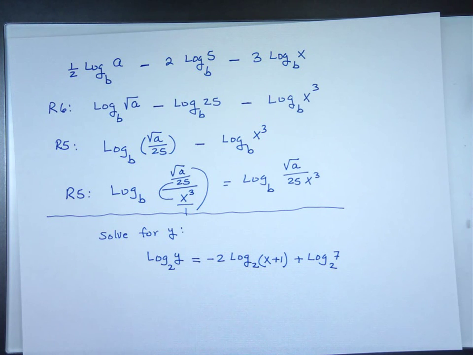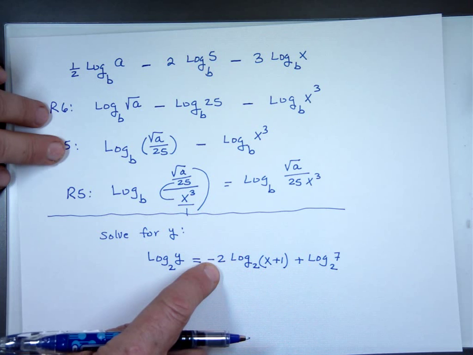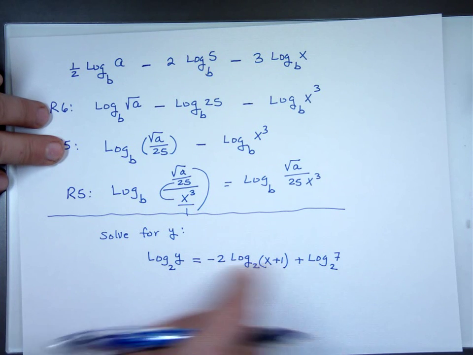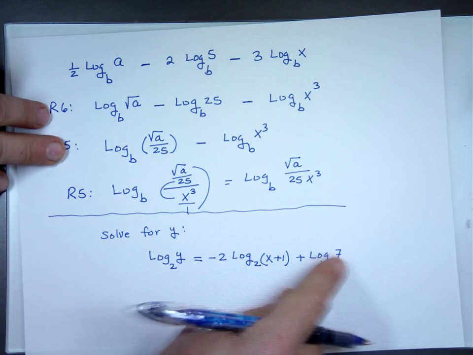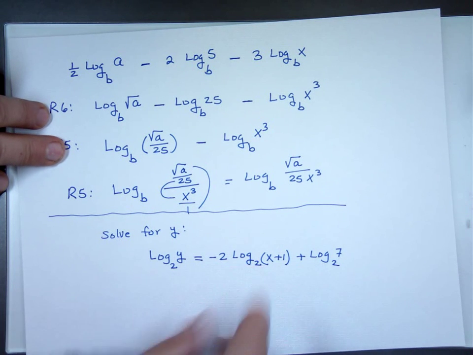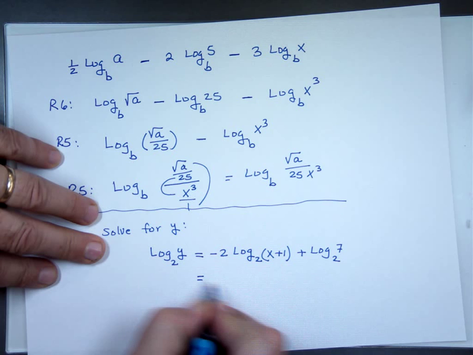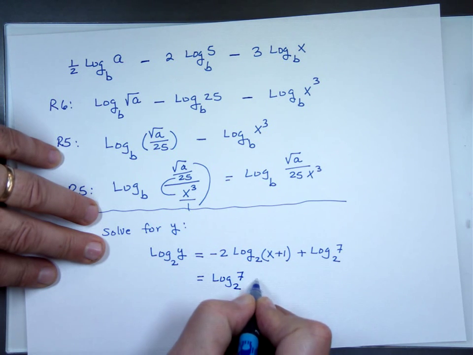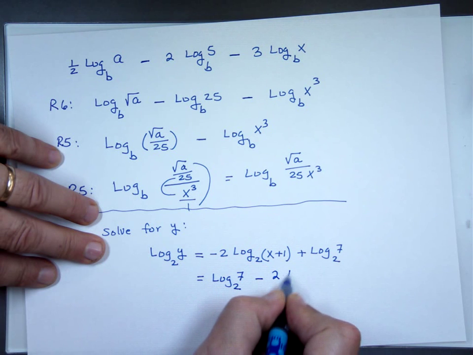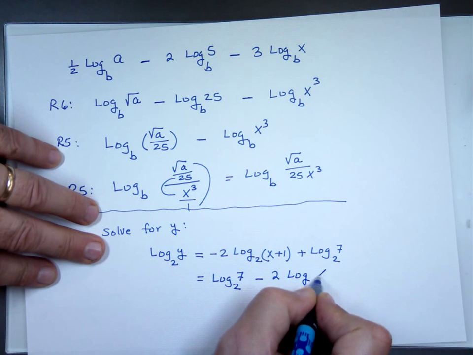If you don't like to start with the negative, you can flip-flop these two. And I think that's what we suggested early. Rewrite them. Flip-flop these two. If you flip-flop them, you'll have what? Log 7 base 2 minus 2 log x plus 1 base 2. Isn't that the same thing?